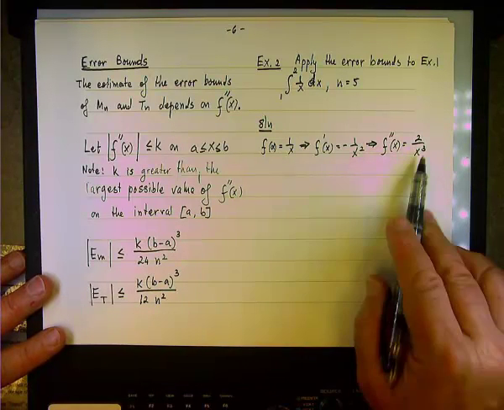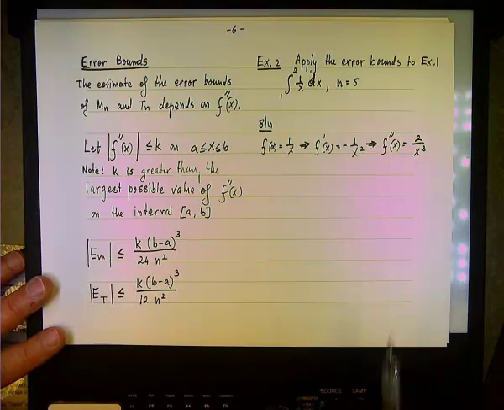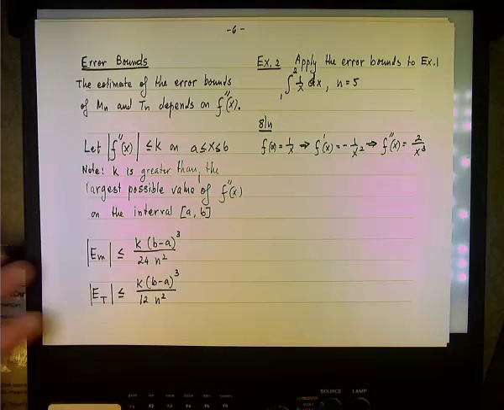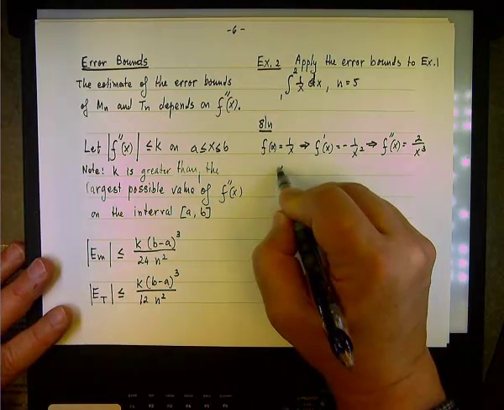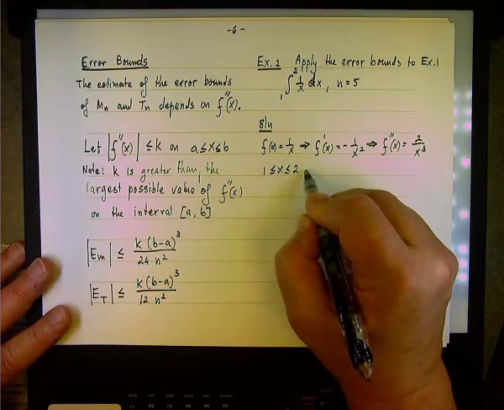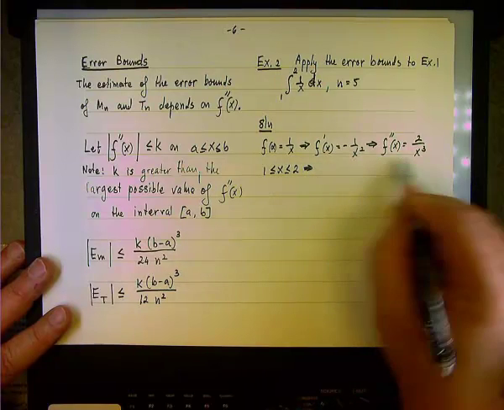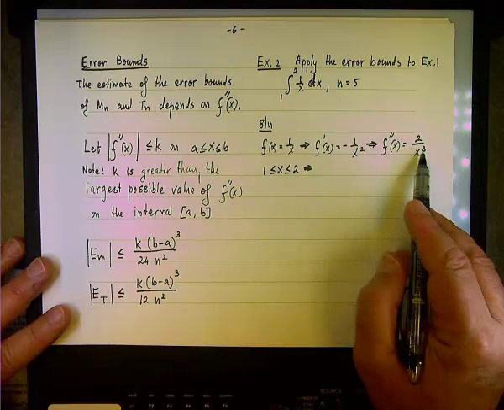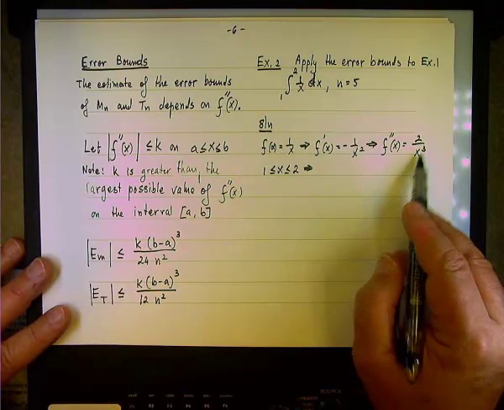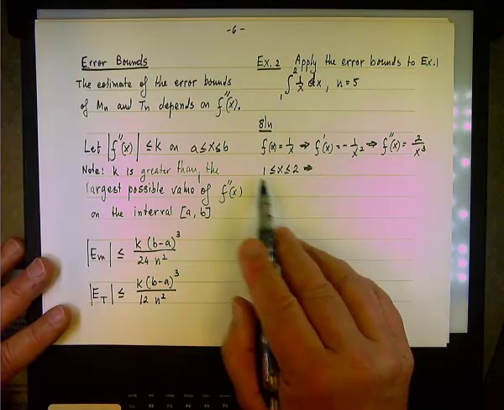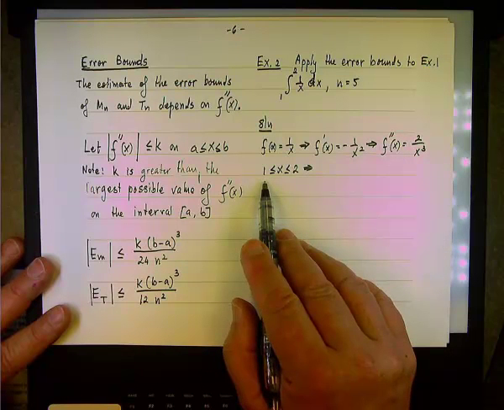So what is the largest possible value of 2 over x cubed on the interval x goes from 1 to 2? The largest possible value of f double prime will be obtained with the smallest possible value of x. Well, the smallest possible value of x is 1.